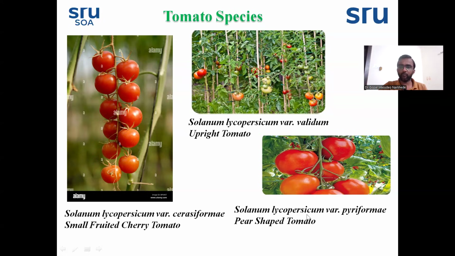And last is Solanum lycopersicum variety pyriforme, that is pear-shaped tomato. So these are some types of cultivated tomato.